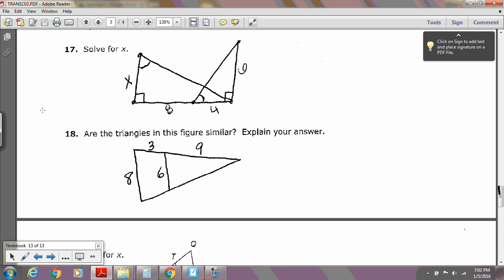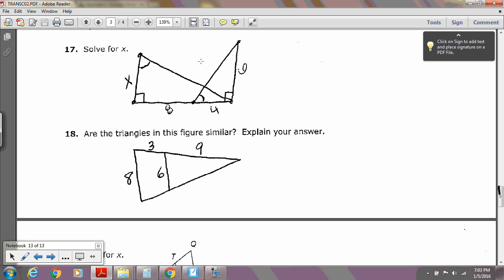Number 17 would like for us to solve for x. So it would help a whole lot if we knew that these triangles were similar first of all, and then we would have to assume, but let's assume that they are similar.